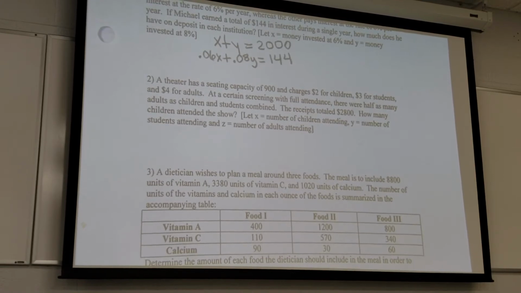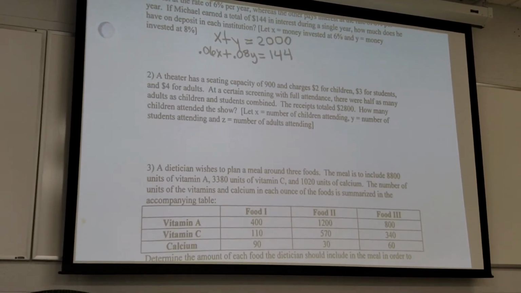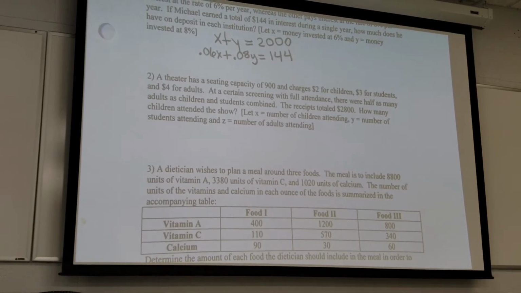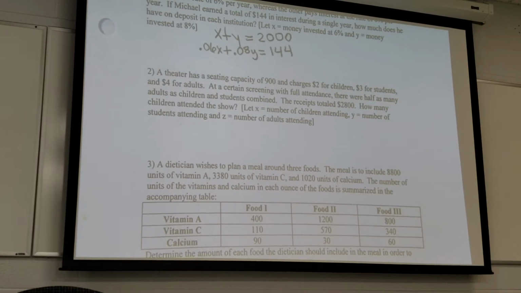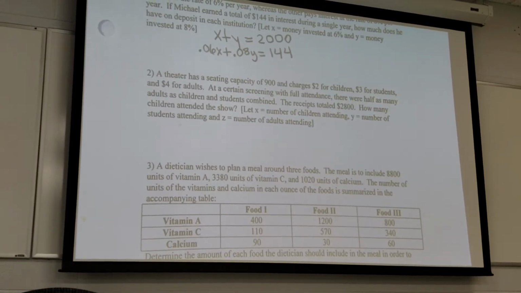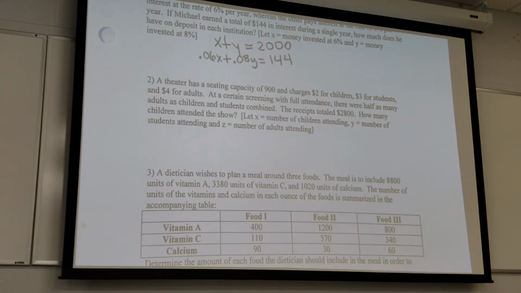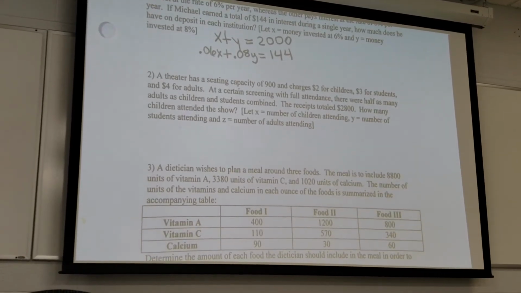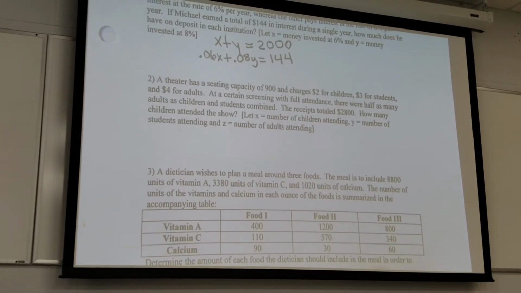The receipts total $2,800. Forget this. I mean, we'll set it up, but you won't have one like this on the test. This is a 3-equation problem. What I'm going to show you on Tuesday, you can solve it by algebra, but it takes like 6 or 7 steps.